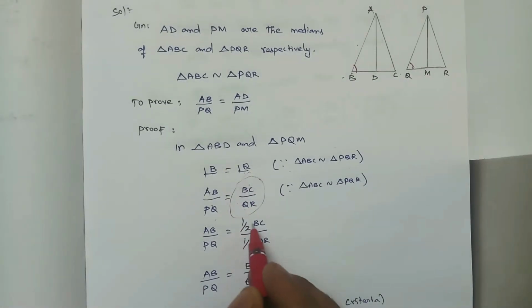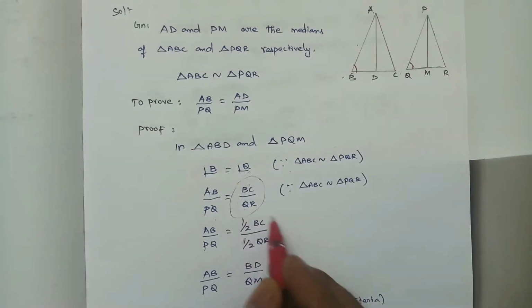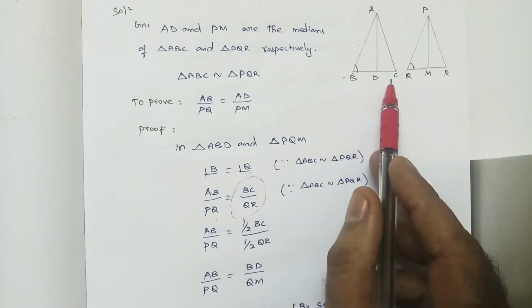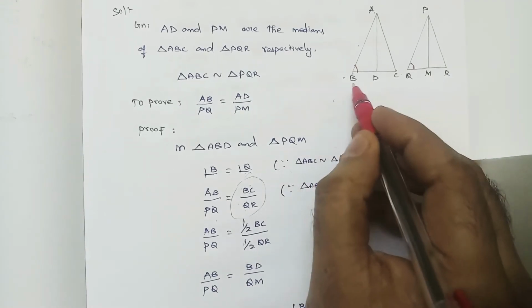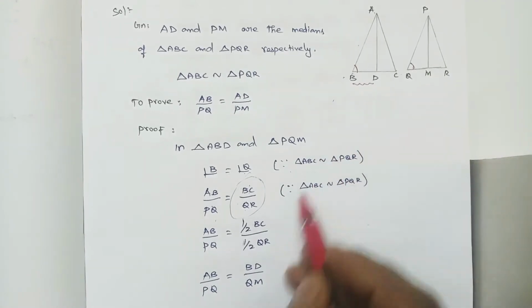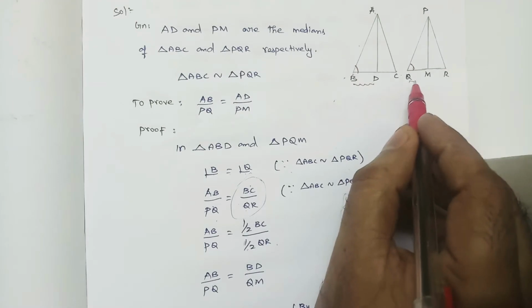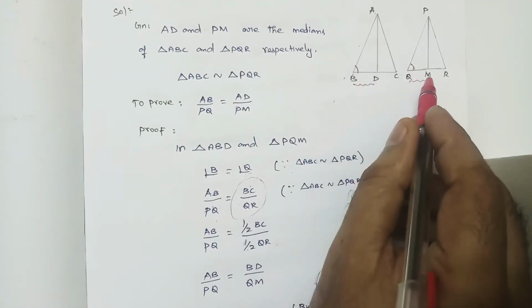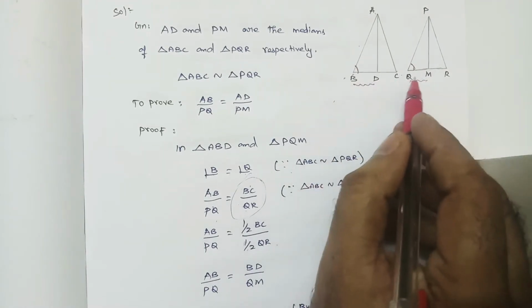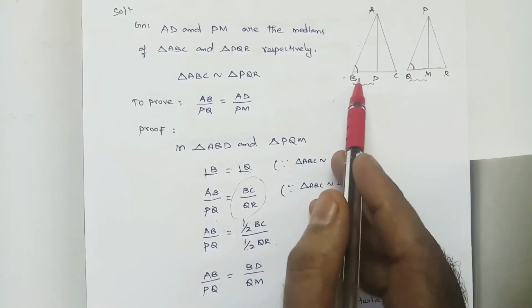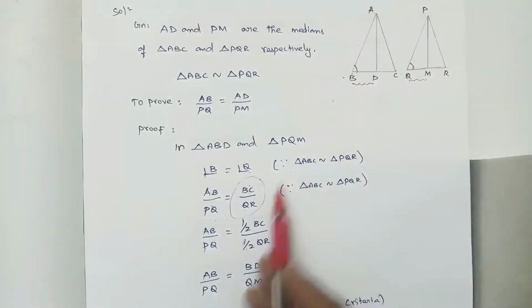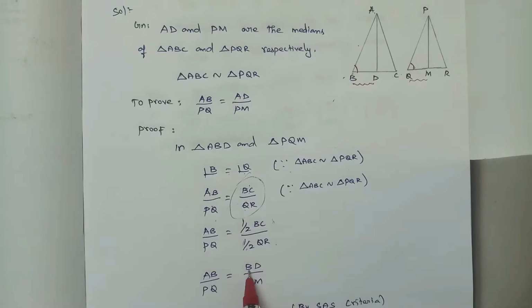So 1 by 2 of BC divided by 1 by 2 of QR. Half of BC is nothing but BD, and half of QR is nothing but QM, because D and M are the midpoints of BC and QR. So instead of half of BC, I substitute BD, and instead of half of QR, I substitute QM. So AB by PQ is equal to BD by QM.